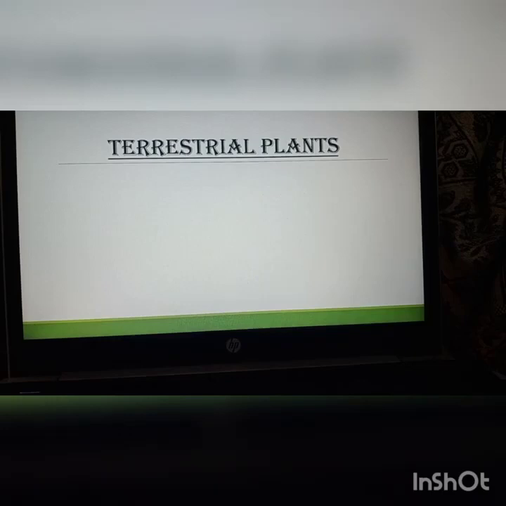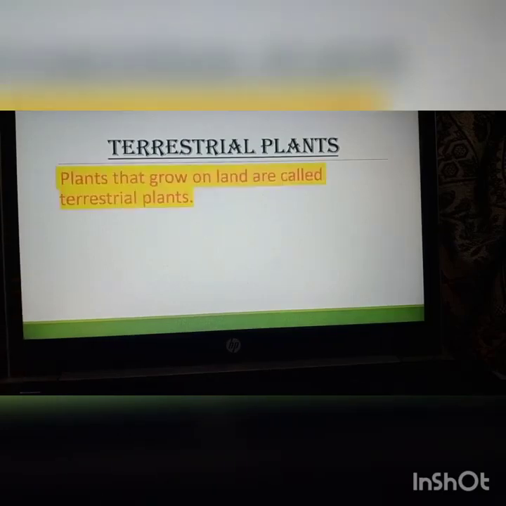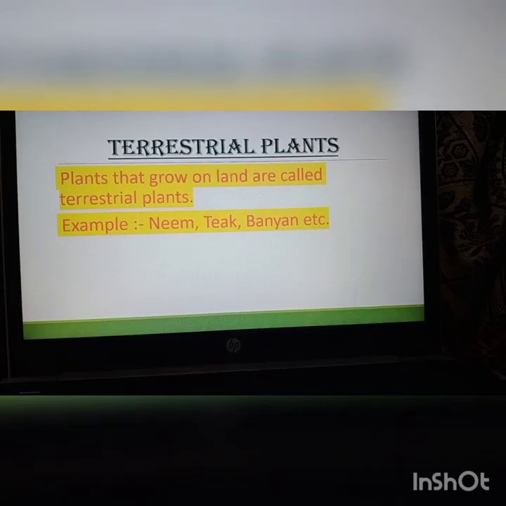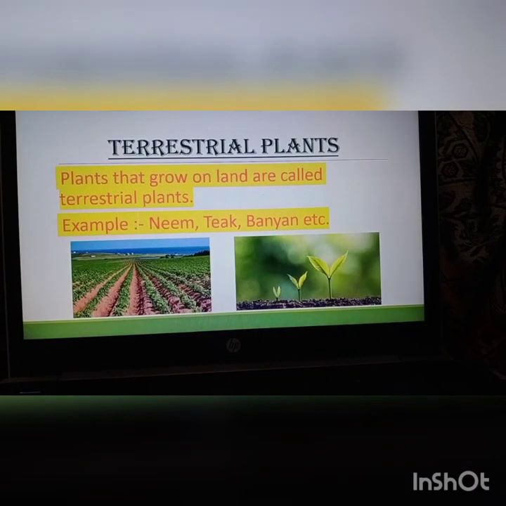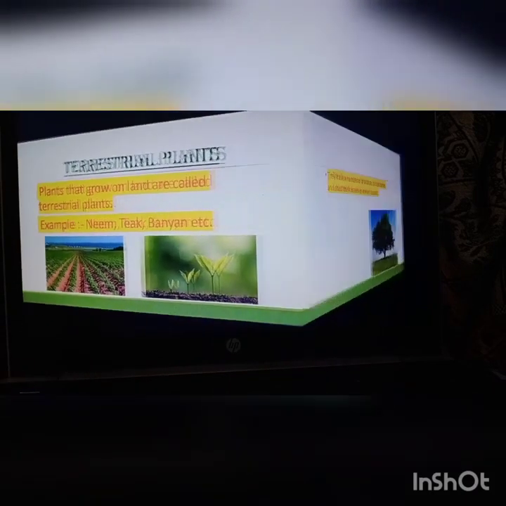So here is its definition: plants that grow on land are called terrestrial plants, like neem, teak, banyan, and all other plants that you see around you, like the tulsi plant, the rose plant, various types of plants that you see around you in your daily life are the terrestrial plants. Okay students, so these are the images of terrestrial plants.